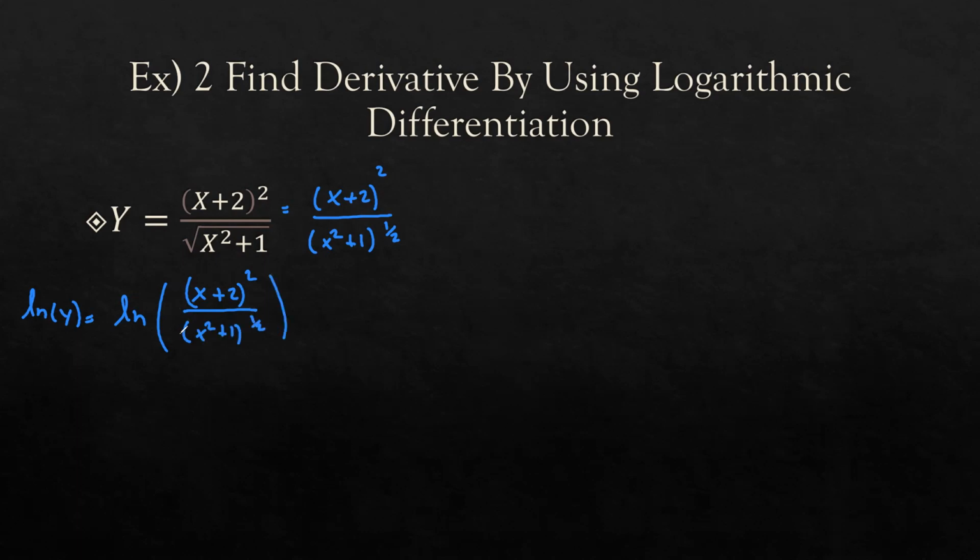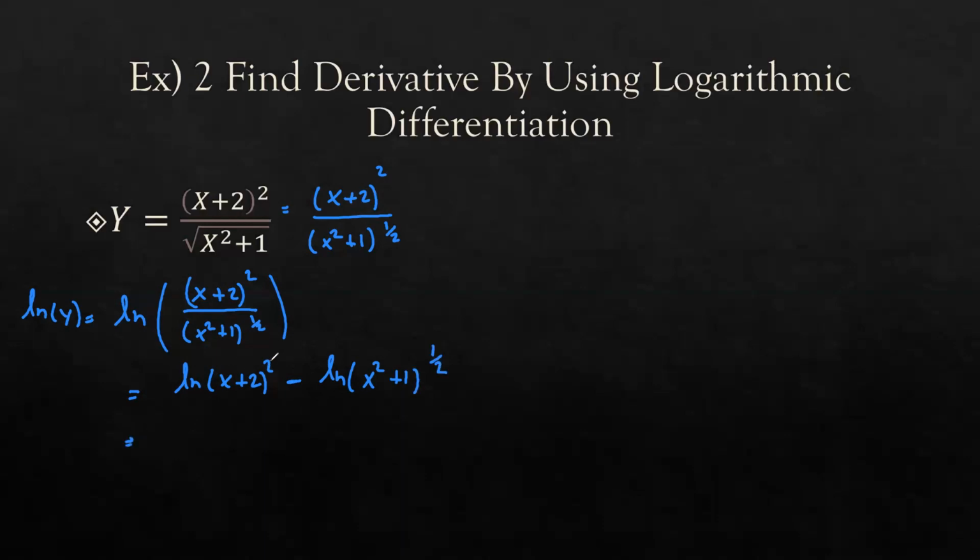And then what we're going to do is expand using your log rules. The top can be expressed as ln of x plus 2 squared minus ln of x squared plus 1 raised to the 1/2, right?